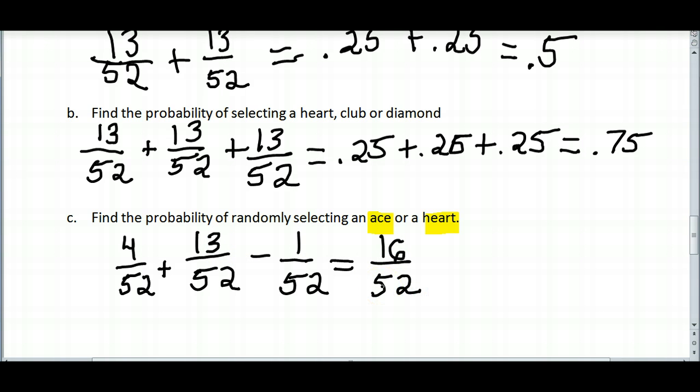Remember, when you add or subtract fractions, you add or subtract the top number and keep the bottom number the same. Then if you would like to bring this to a decimal, you may. It is not a nice decimal like our first one was, but if you'd like to, there's definitely not a problem with that. That is 0.3077. So we've done some probability questions involving cards. Just keep in mind that the picture is your friend and it can really help you out.